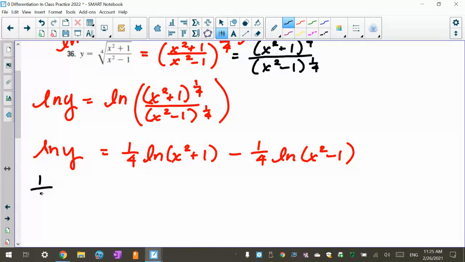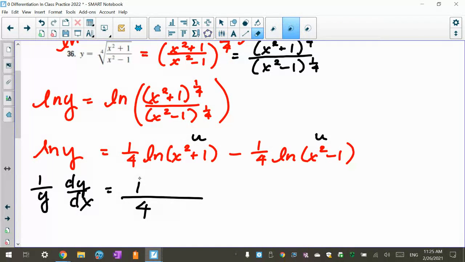So now I have 1 over y dy dx is going to be 1/4, and I know this is my u, so it's going to be 1 over u times u prime. So I have 1 over 4, and then the derivative, I don't actually need to write the 1. The derivative of u is 2x, so I'm going to put that here, and this is going to be over x squared plus 1.